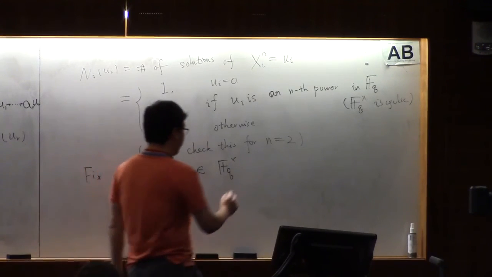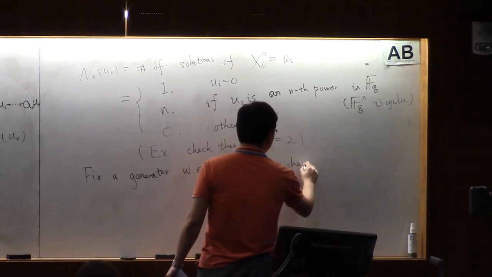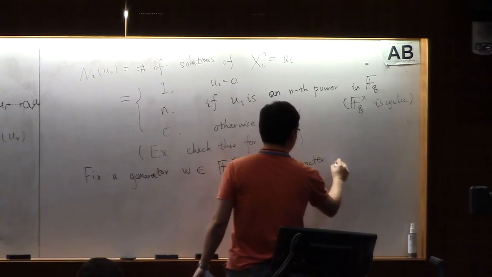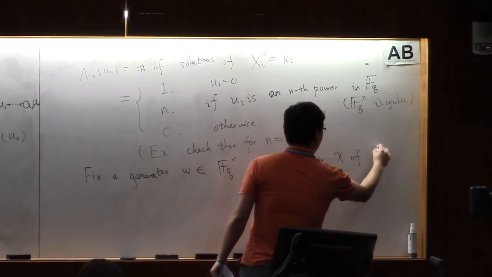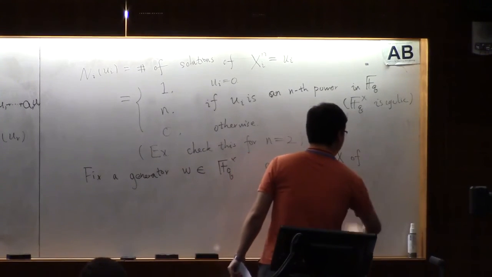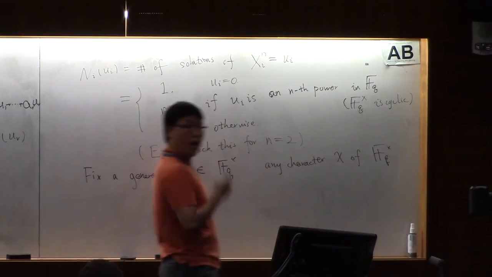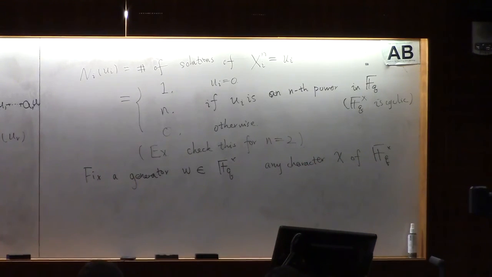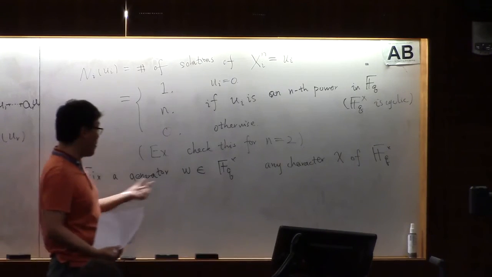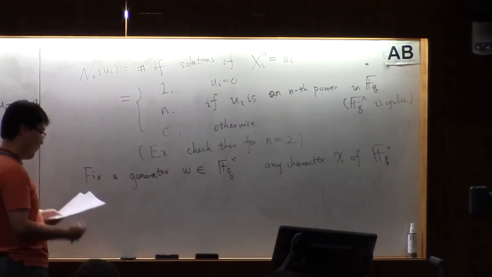Then any character chi of this multiplicative group is uniquely determined by the value of the character at this generator.